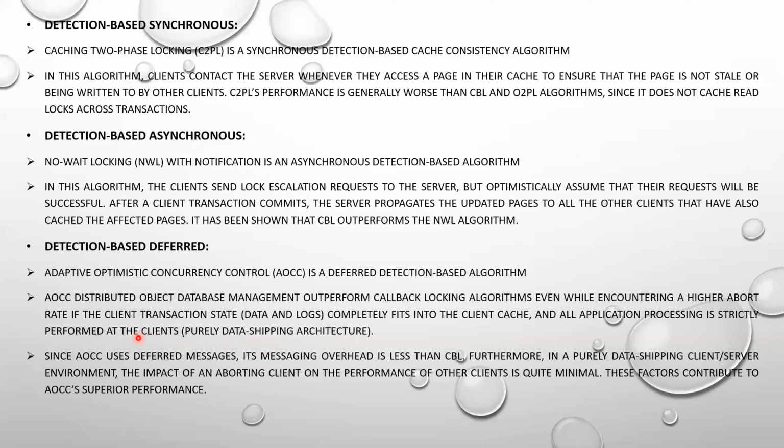Since AOCC uses deferred messages, its message overhead is less than CBL. Furthermore, in a pure data shipping client-server environment, the impact of an aborting client on the performance of other clients is quite minimal. These factors contribute to AOCC's superior performance.